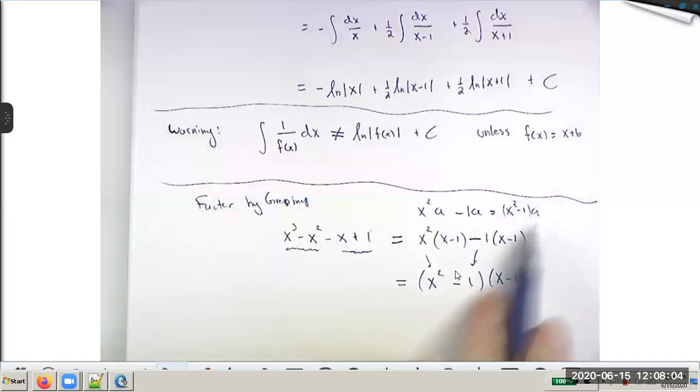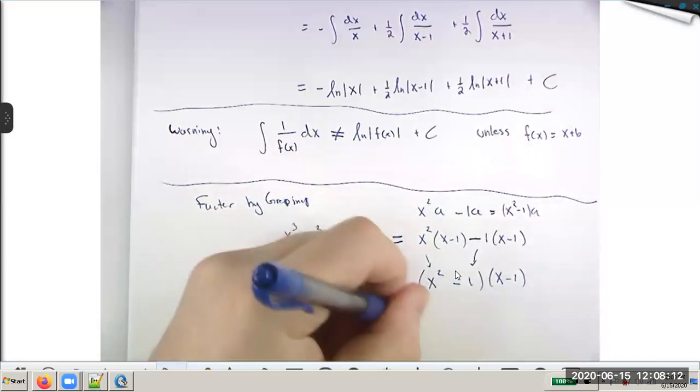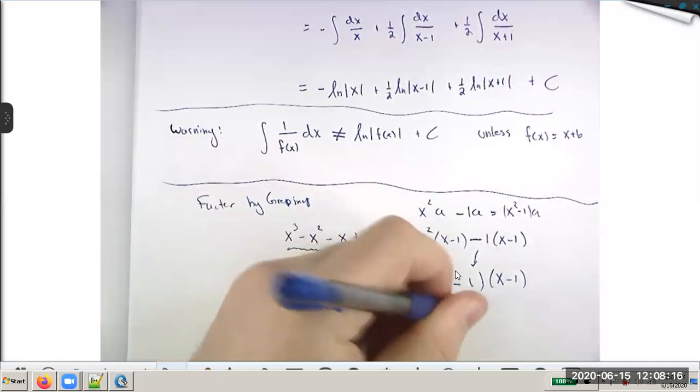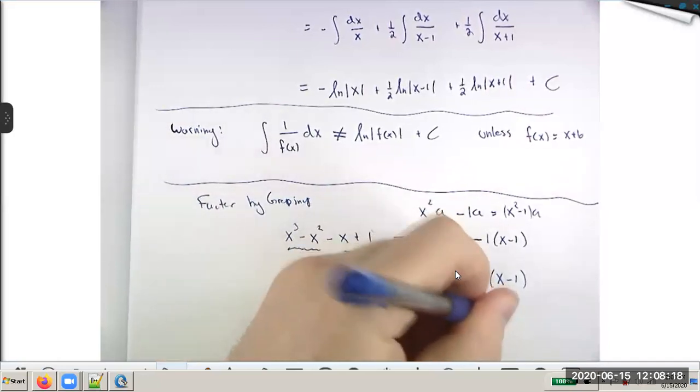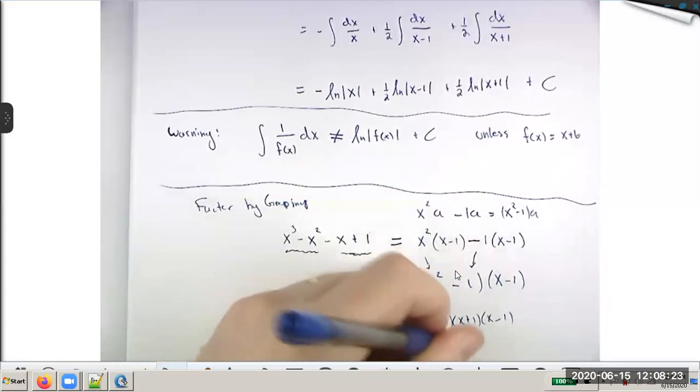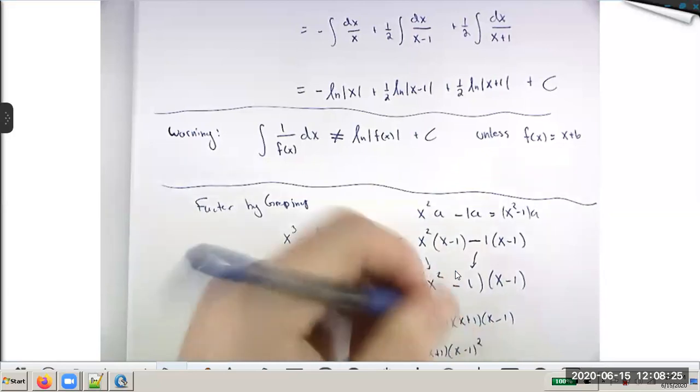Only here a is the polynomial factor x minus 1. That's kind of what's going on. And then the x squared minus 1 factors itself as a difference of squares. So altogether, I end up with x plus 1 times x minus 1 quantity squared.